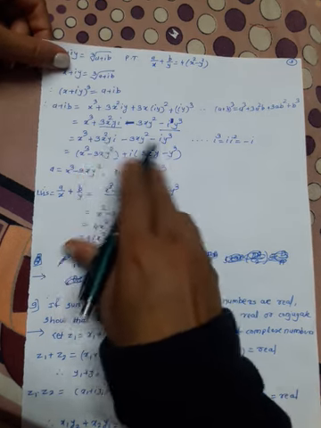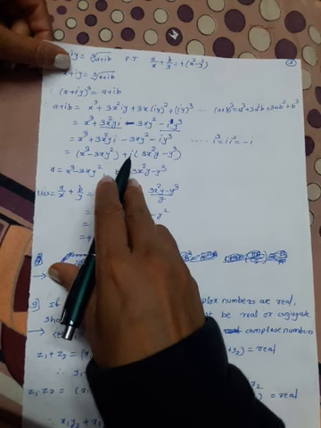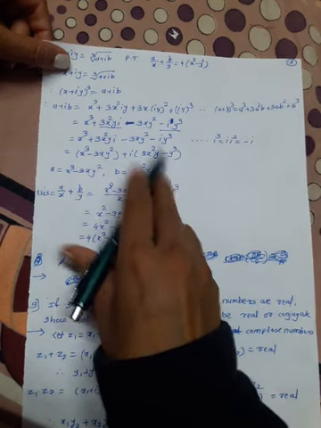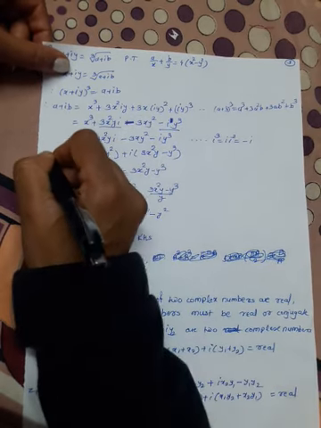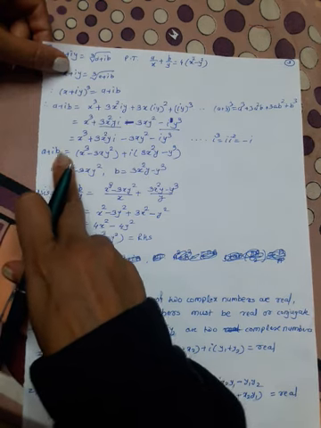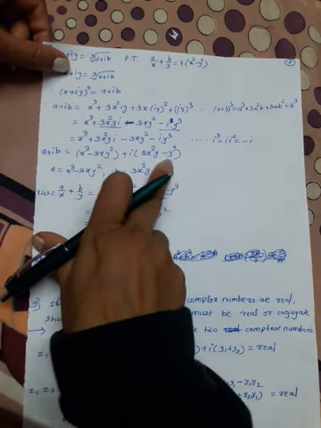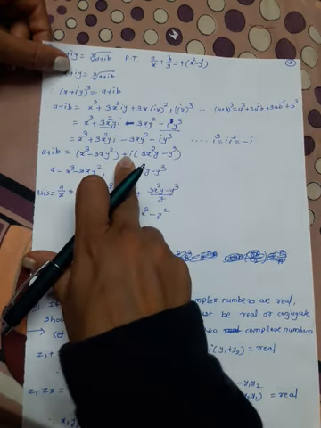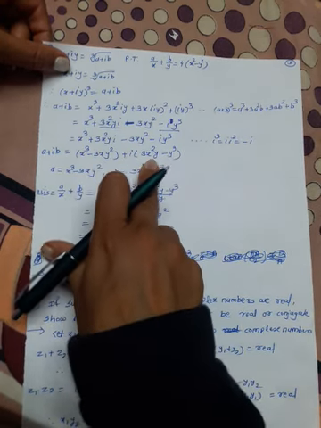Taking i common from these two terms, we get i(3x²y - y³). Now this a + ib is one complex number because it contains i, equal to this other complex number. The whole term is a complex number because it contains i. This is the real part, this is the imaginary part.